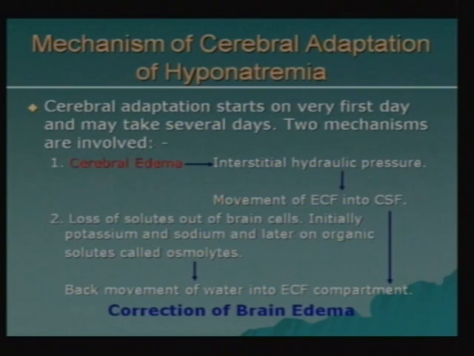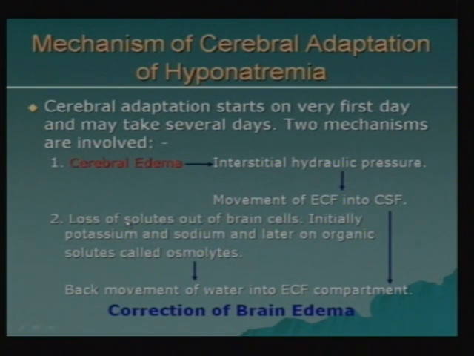In the initial stage there is cerebral edema because of hyponatremia, then because of hydrostatic pressure, water starts moving out of the cells into the CSF. So that is the first step. At the same time, there is loss of solutes out of brain cells. Initially it is potassium and sodium, and later on organic solutes called osmolytes.